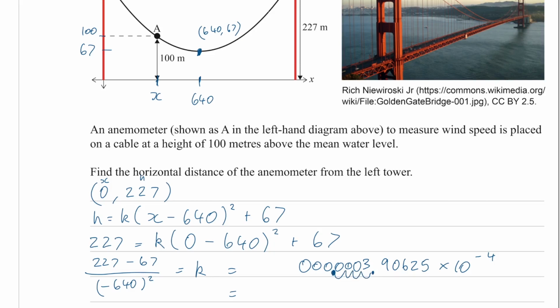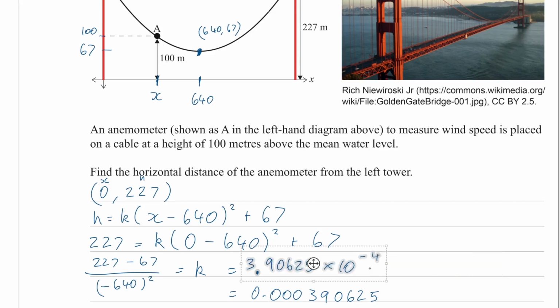So this as a decimal would be 0.000 and then our number. That's the decimal equivalent. But leaving it in scientific notation is fine. However, do not leave it in calculator notation. So don't use an E. Make sure you use times 10 to the power of.